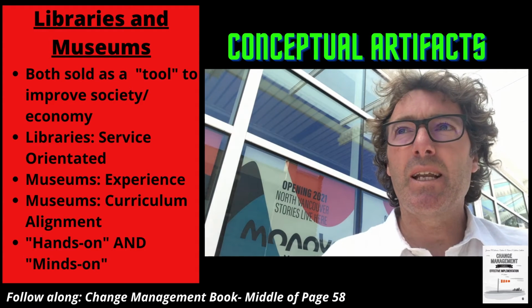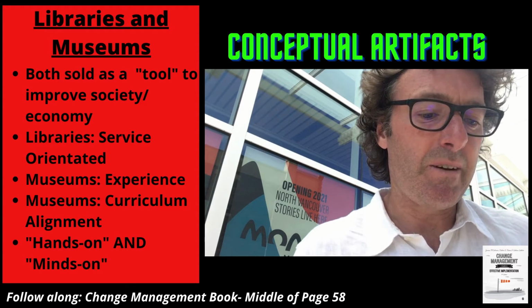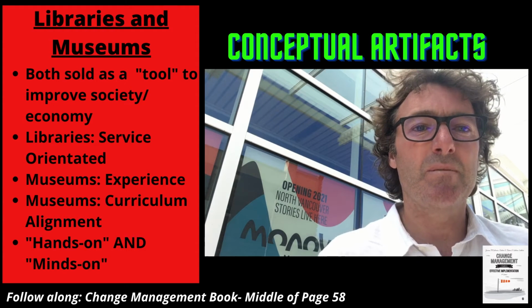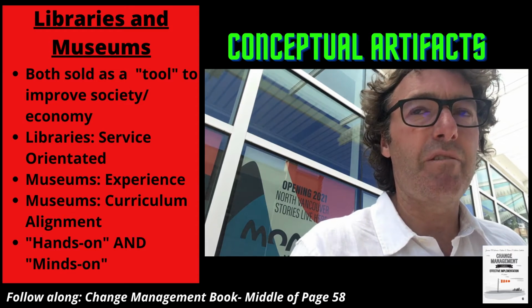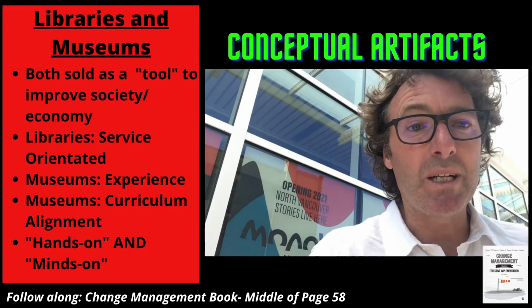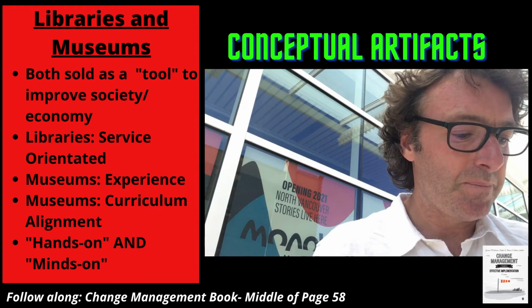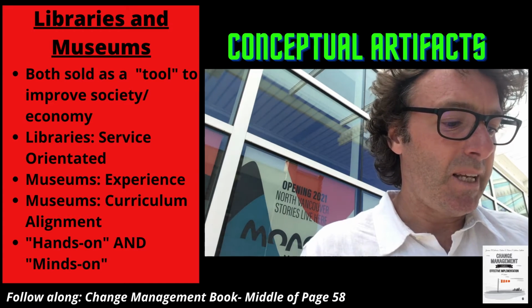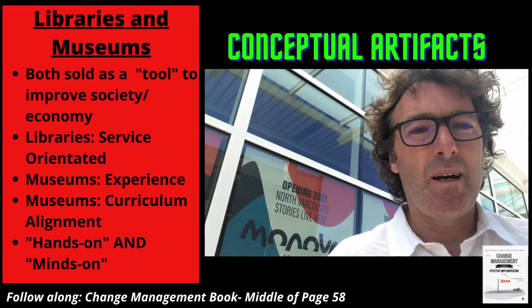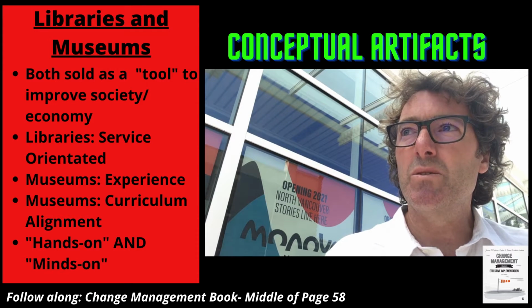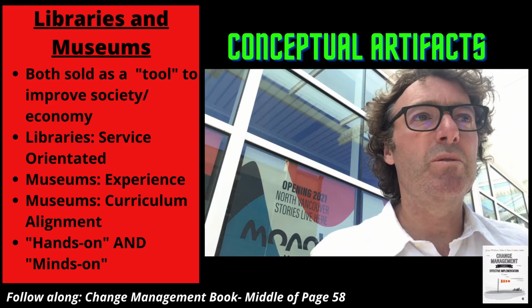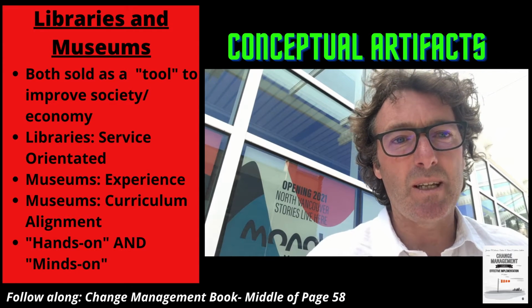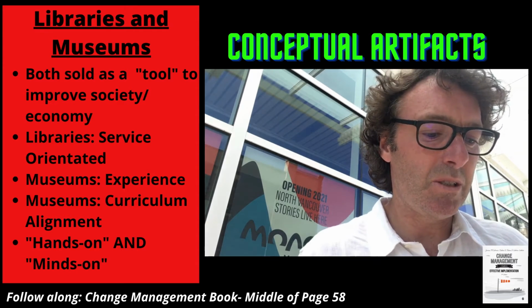But to get funding, they need to justify their existence by showing that the arts is not just a frill that can be cut when the budget needs to be trimmed back. So we can see that museums and libraries are selling themselves in a different way, more as a tool to improve society. They're selling themselves like that, which is a good thing.